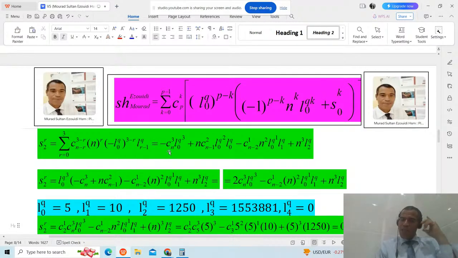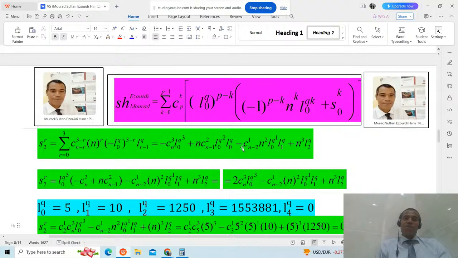You will get the following: negative combination n choose 3 and L0 for the q raised to the power 3 when r equals 0, plus combination n minus 1 choose 2 and L0 for the q squared times L1 for the q when r equals 1, minus combination n minus 2 choose 1 and L0 for the q times L1 for the q squared when r equals 2, plus n cubed times L2 for the q when r equals 3.